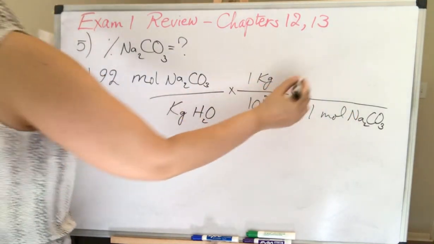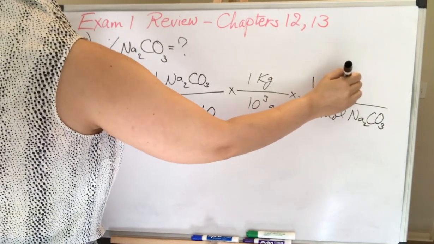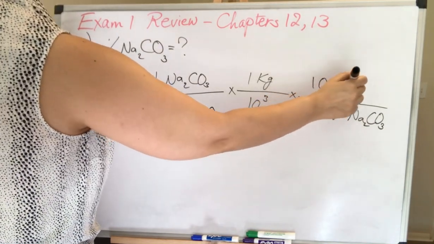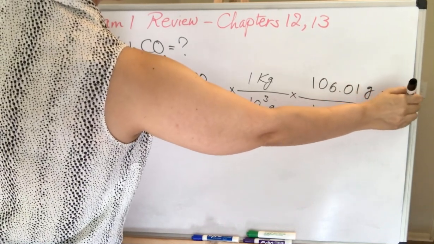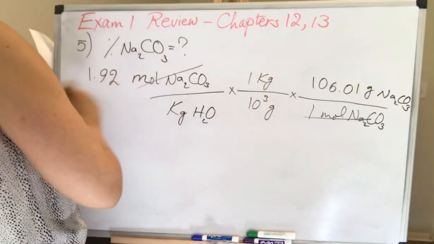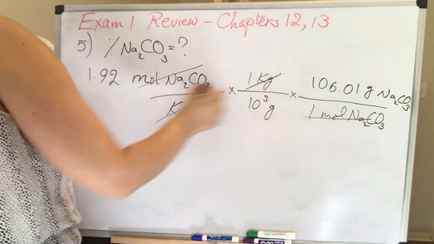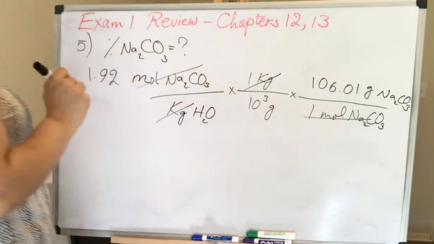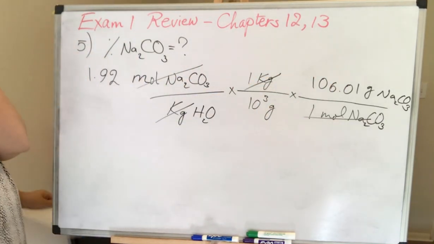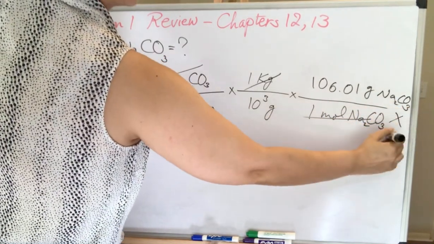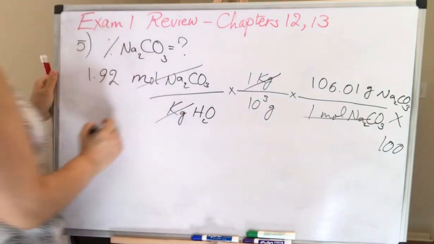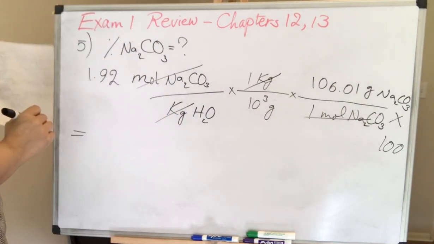Then you will have 106.01 grams of Na2CO3. So you have grams over grams, and at the end you need to multiply by 100 because that's the percentage, right?